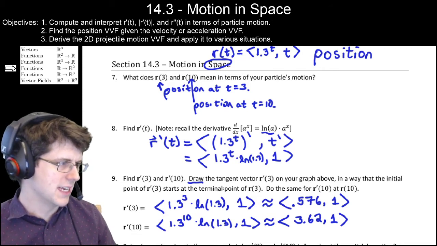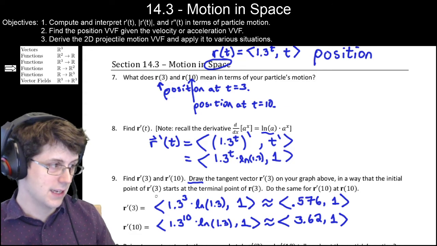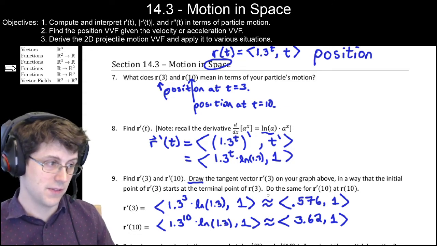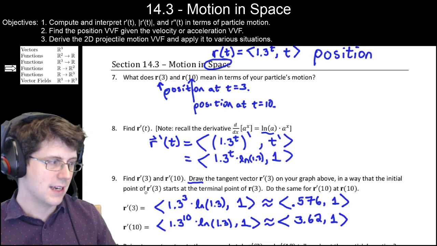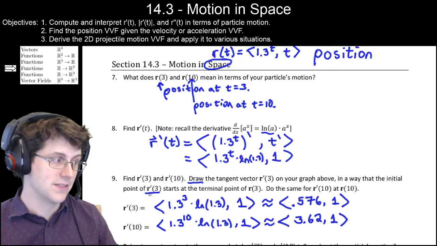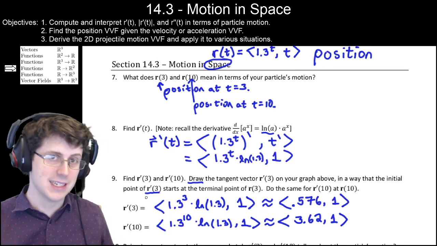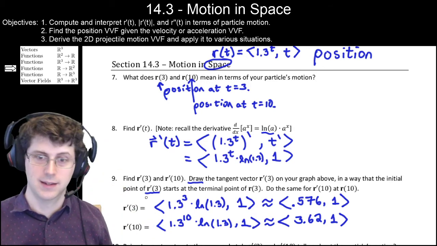Okay, so draw the tangent vector on your graph in a way that the initial point of r prime of 3 starts at the terminal point of r of 3. What does this mean? This means that you're supposed to think of r prime of 3 as a velocity vector, and that this velocity vector makes the most sense if we draw it starting on the curve at the correct point.